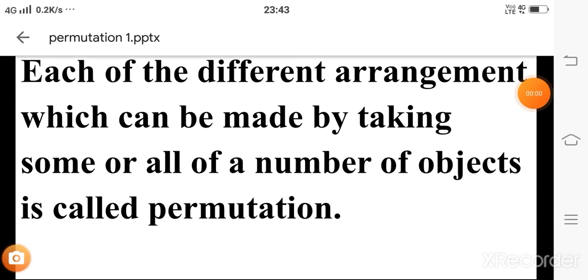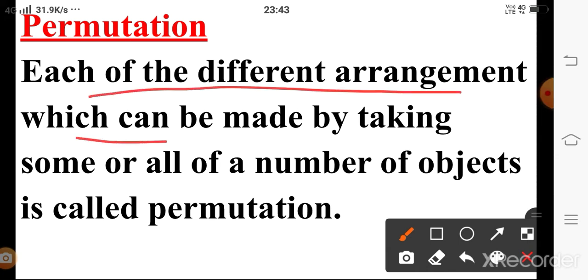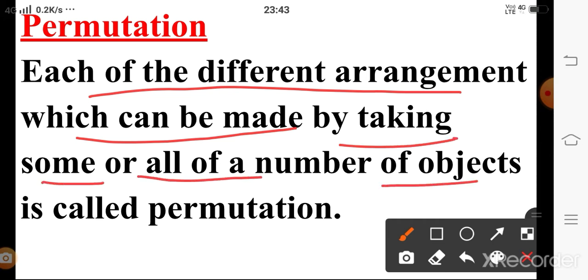Now, what do we mean by permutation? Each of the different arrangements which can be made by taking some or all of a number of objects is called a permutation. Suppose we have five numbers 1, 2, 3, 4, 5, and we have to write a 5-digit number.